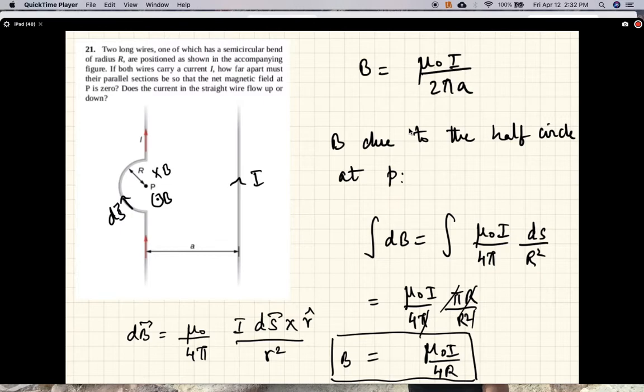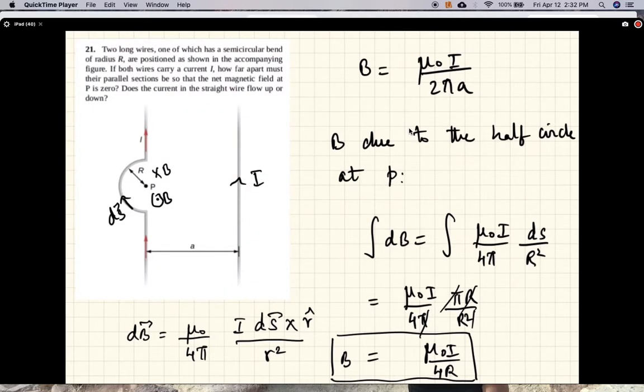All right, let's add another sheet first before we finish the problem. Okay, now the field at P due to the straight section.